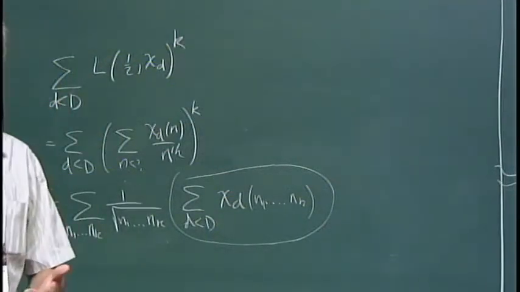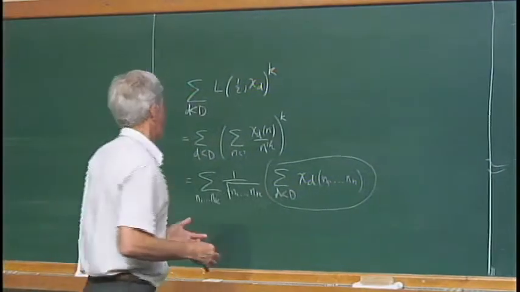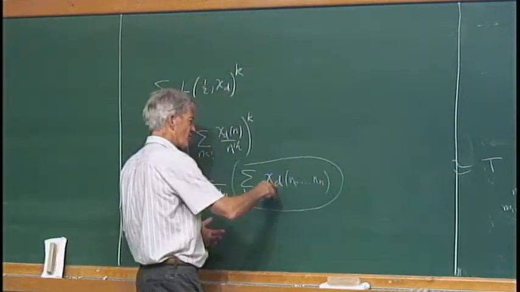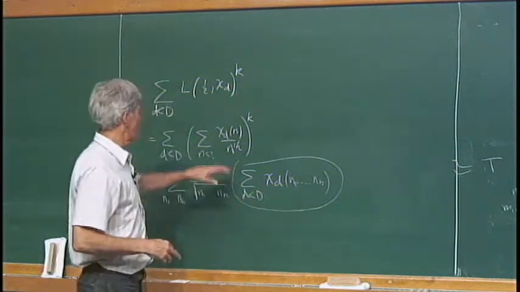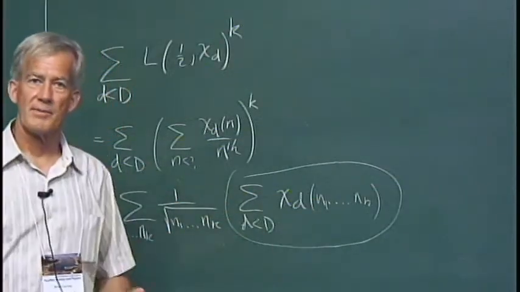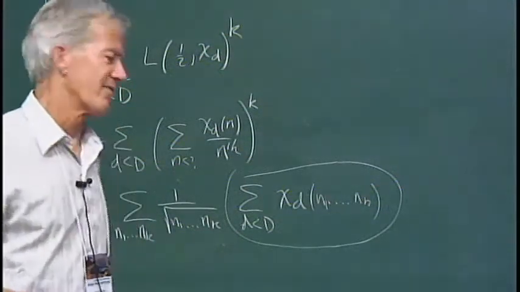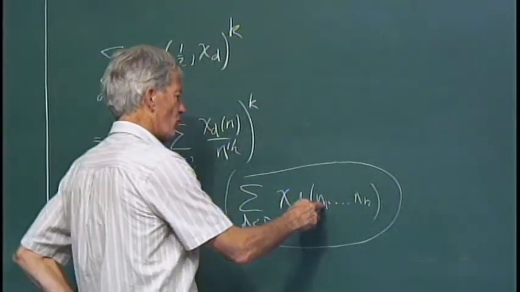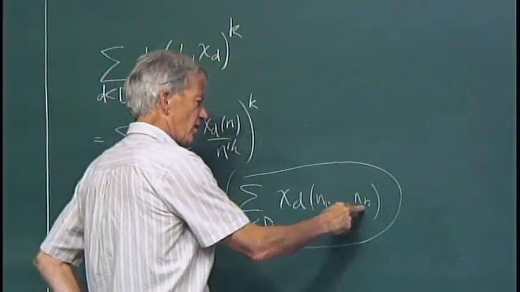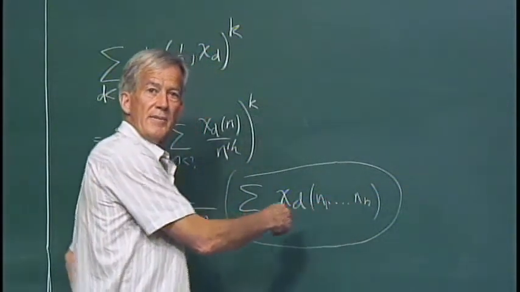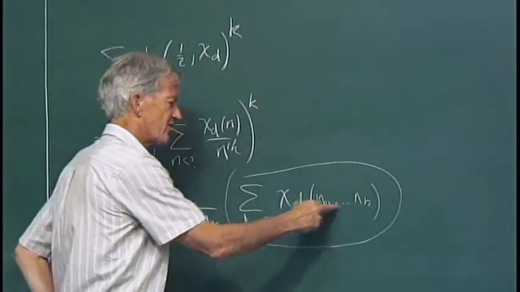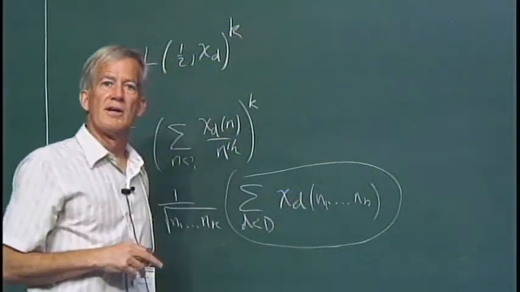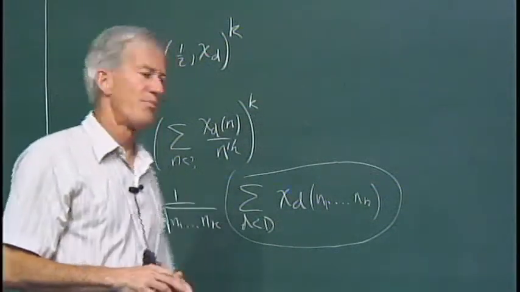And that's our working definition of what a family is: if you think you have a family of L-functions, can you average over the coefficients like this and get something sensible, something multiplicative out of it? Now, in this case, if n1 up to nk is a square, I mean, this detects squares, right? If this is a perfect square, then all these terms are 1, and we get D. And if it's not a square, then we get something small.